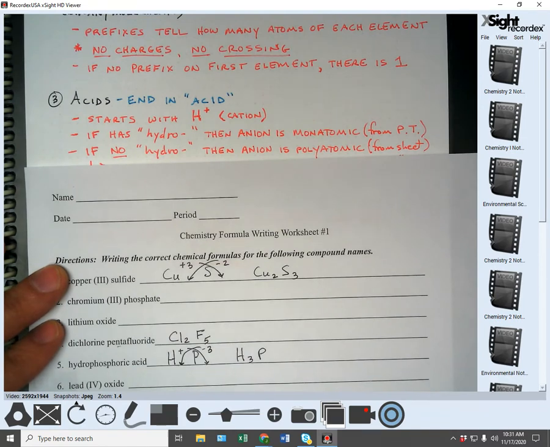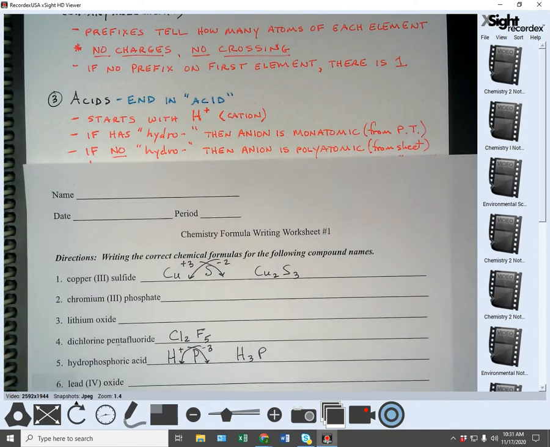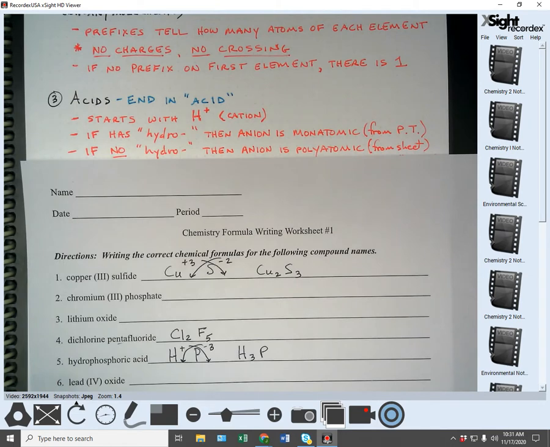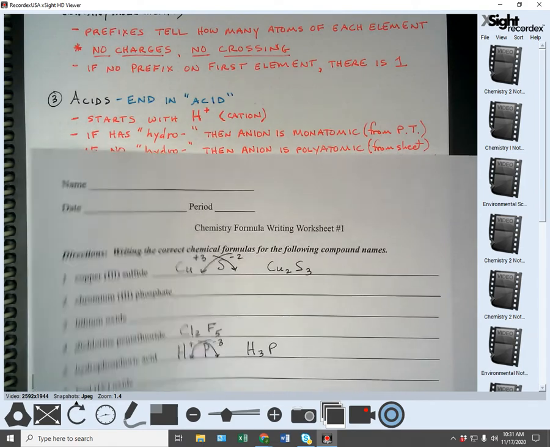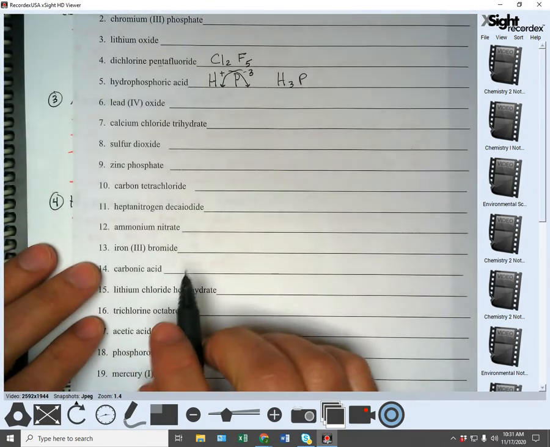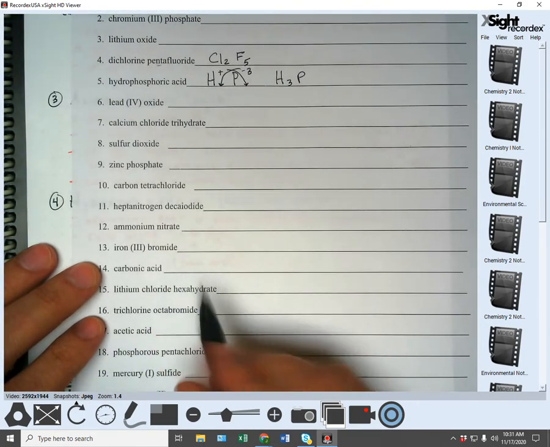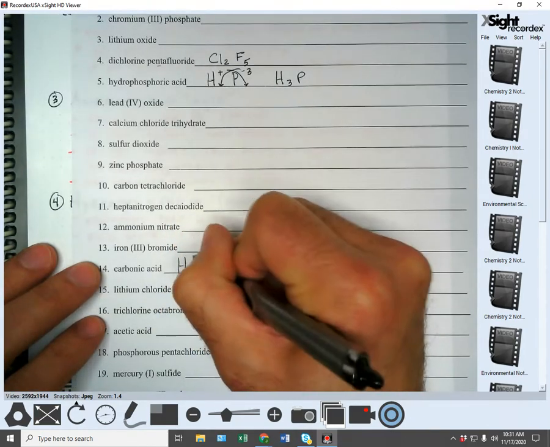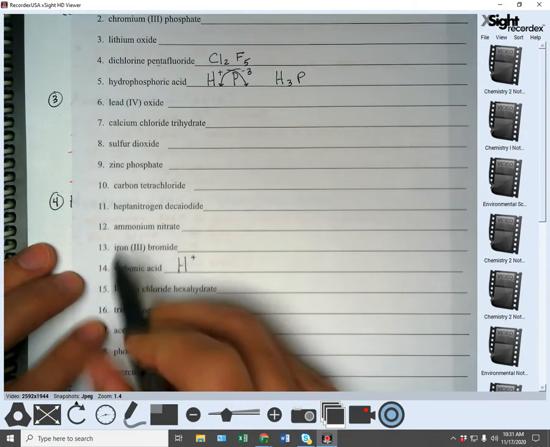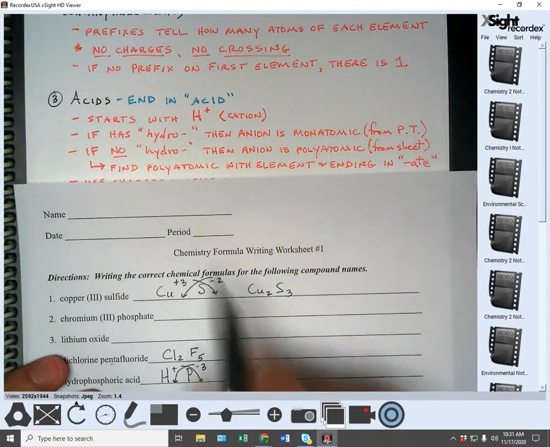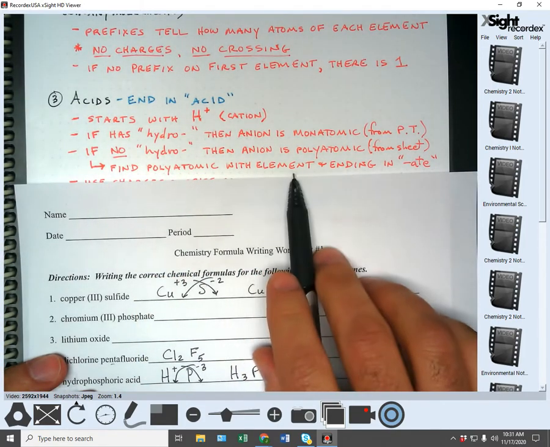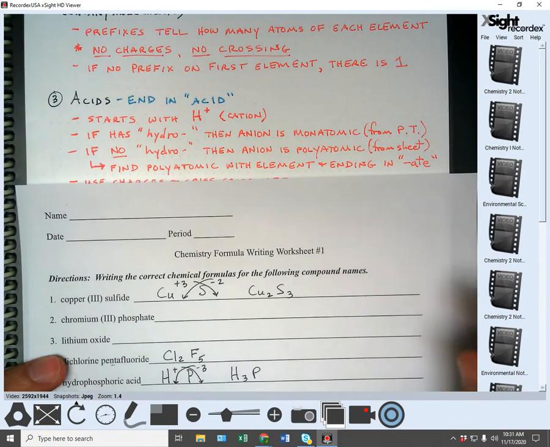If there's no hydro, like carbonic acid, you still start with hydrogen. No hydro means the anion is polyatomic. You find the polyatomic with the element and ending in ate on your sheet.